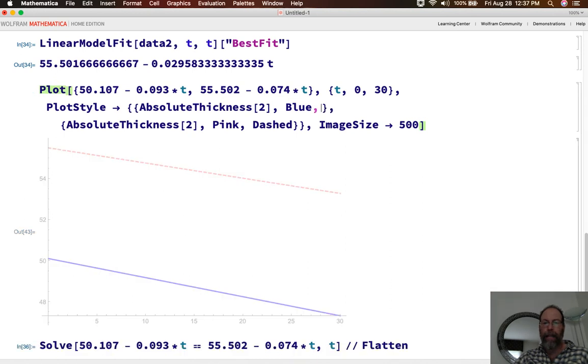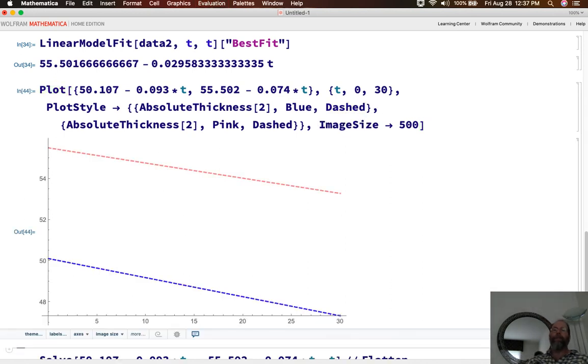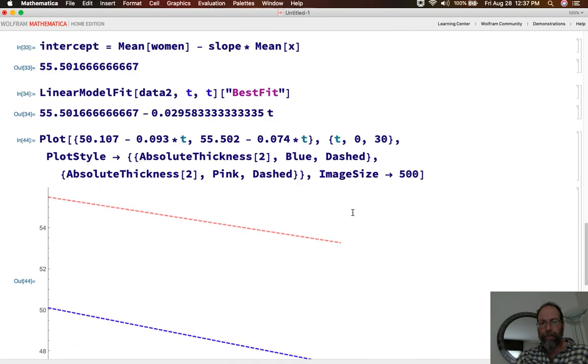Let's make that dashed. There are a lot of different things I could do with these plots to make them more interesting, more artistic, more informative. Okay? So I hope this helps.